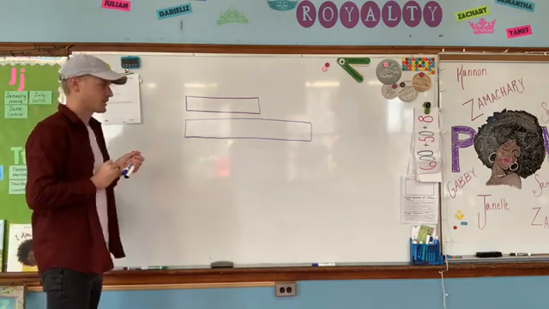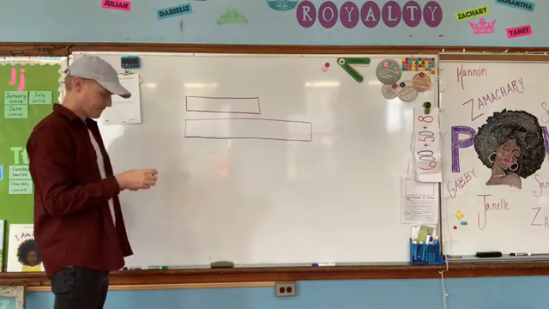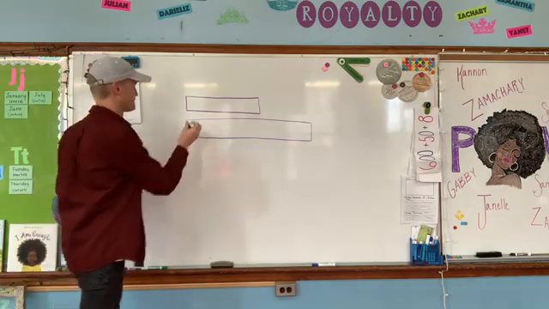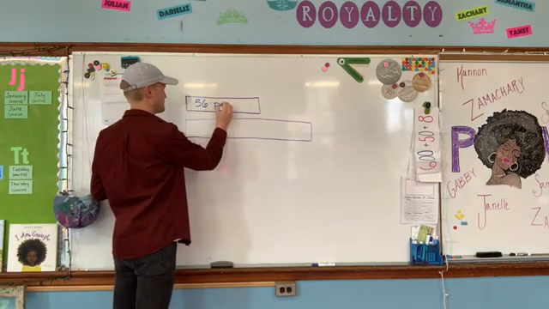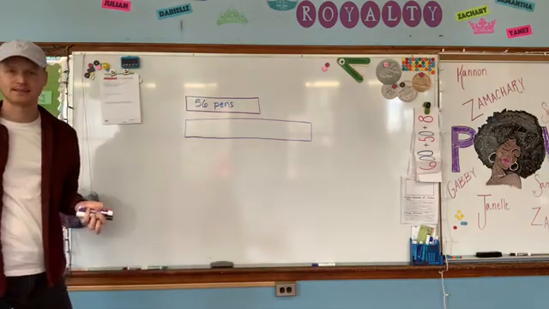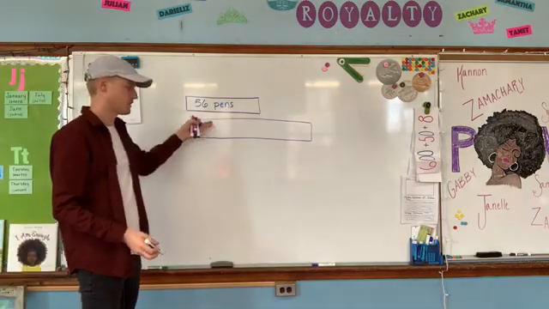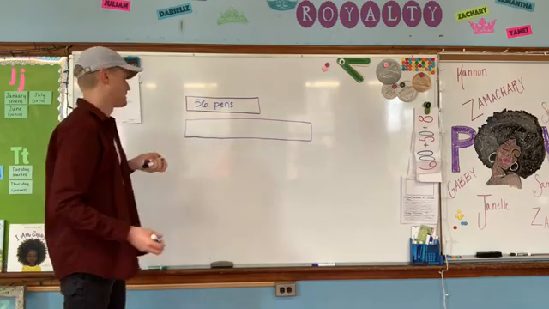Which one do you think is going to represent pens? 56 pens. There's less pens, so the one that is a smaller tape diagram is going to be the pens.